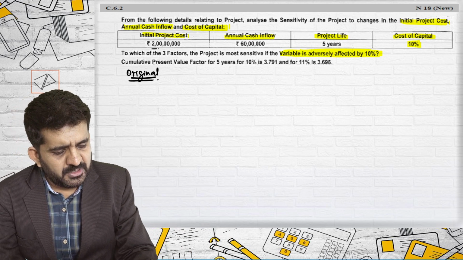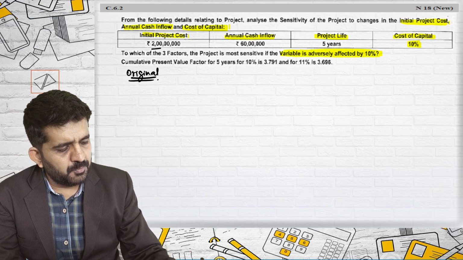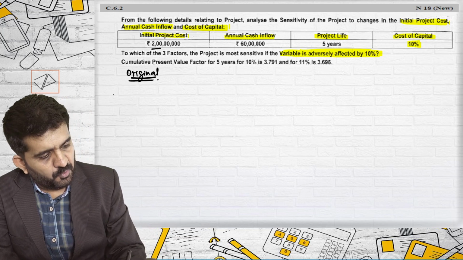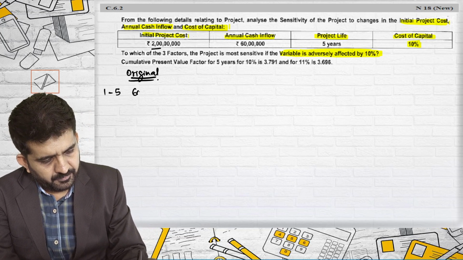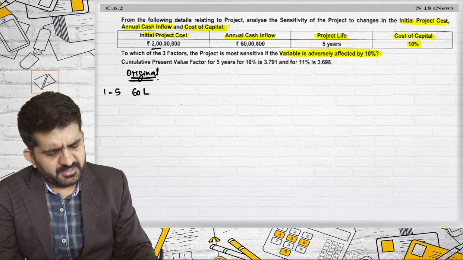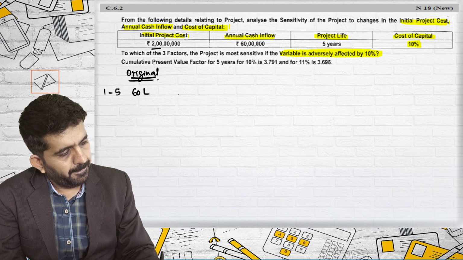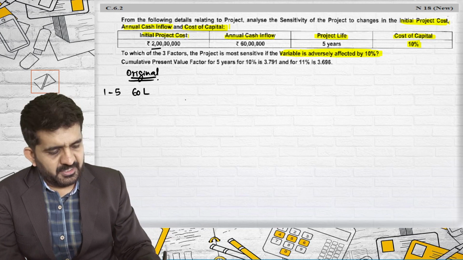Cost is 2 crores. Annual cash flow is 60 lakhs from 1 to 5 years. Cost of capital is 10%.